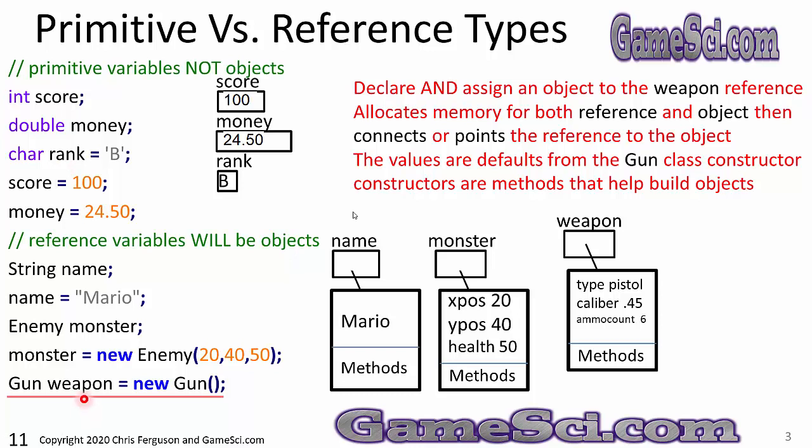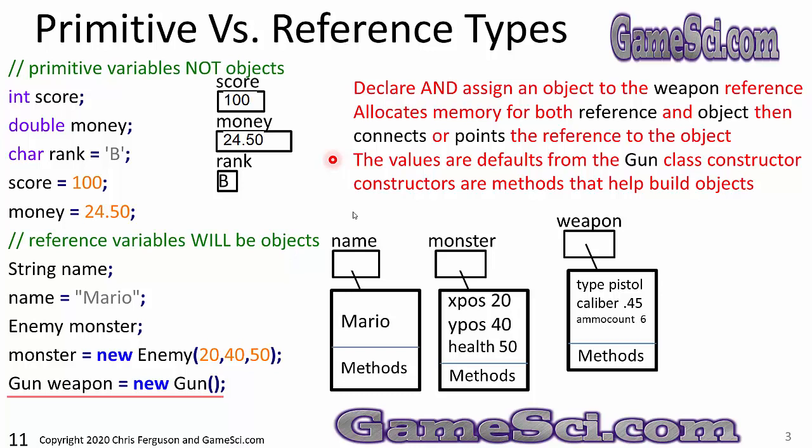We're declaring that weapon will be a gun reference variable, but after we create that, we will automatically assign it an object of type gun. Declare and assign an object to the weapon reference. This allocates memory for both the reference and the object at the same time, then connects or points the reference to the object. The values are defaults from the gun class constructor.